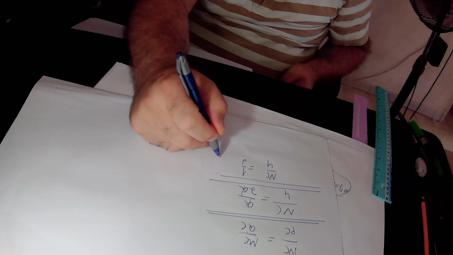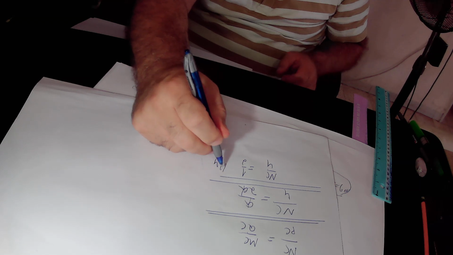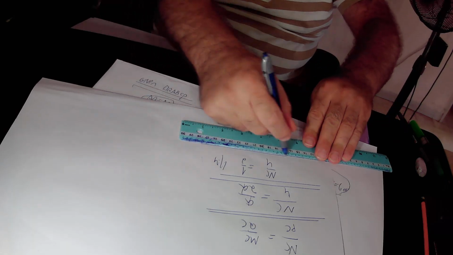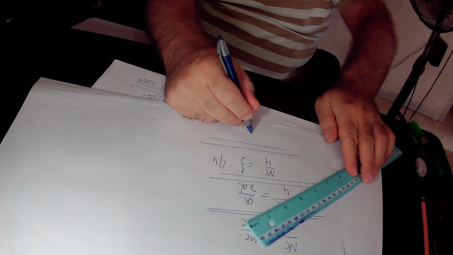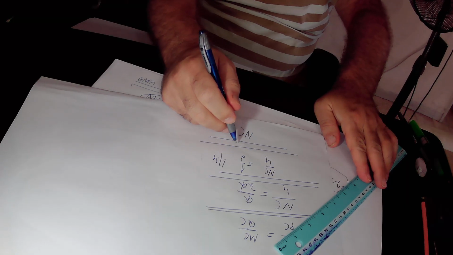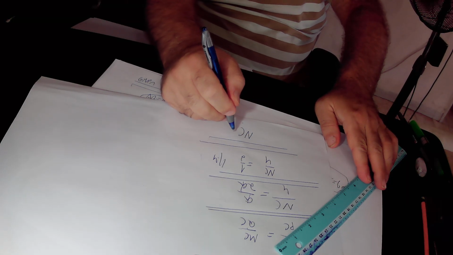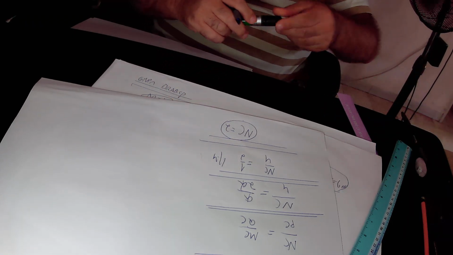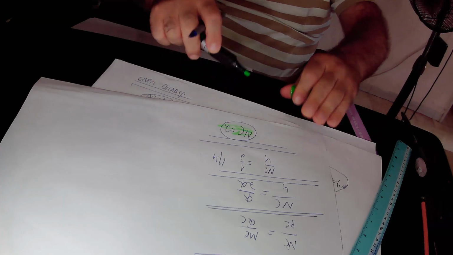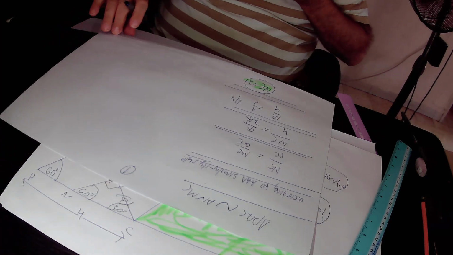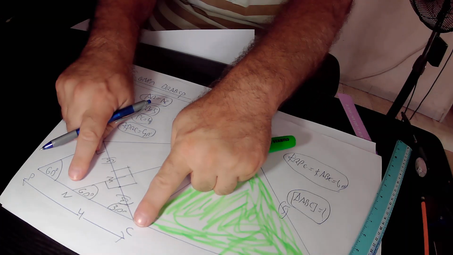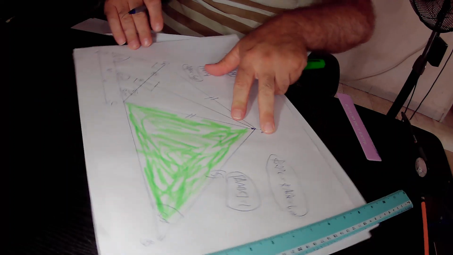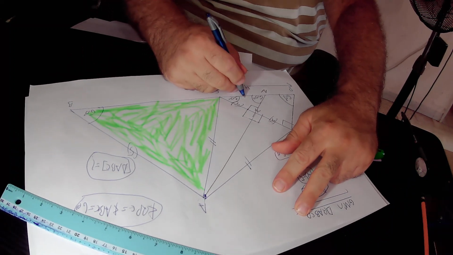Here we will multiply this equation by 4 and finally get that the missing side NC is equal to 4 over 2, that is 2. NC equals 2 units in its length. This is the missing side NC, that is equal to 2 units in its length. So write it down. NC equals 2 units in its length.